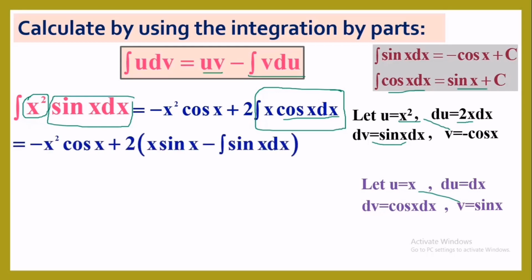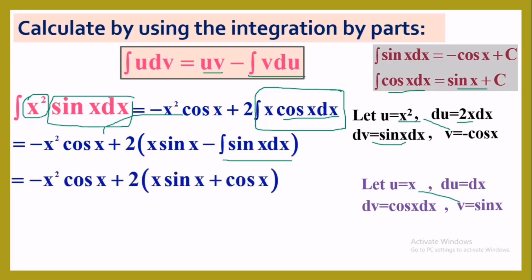We get minus x squared cosine x plus 2 factor, uv is x sine x, minus integral v du, minus integral sine x dx. But the integral of sine x is minus cosine x.